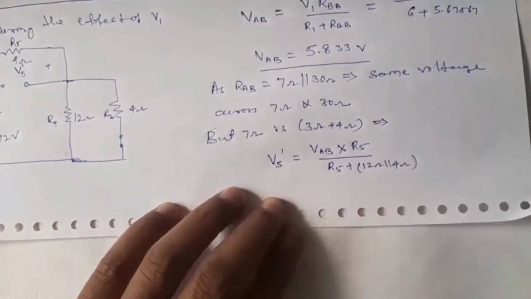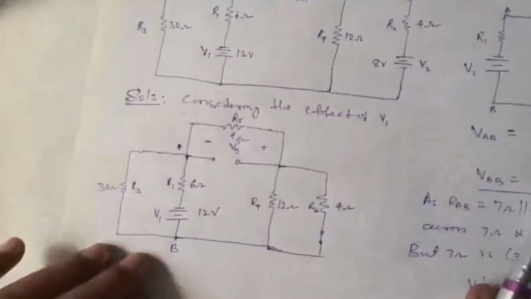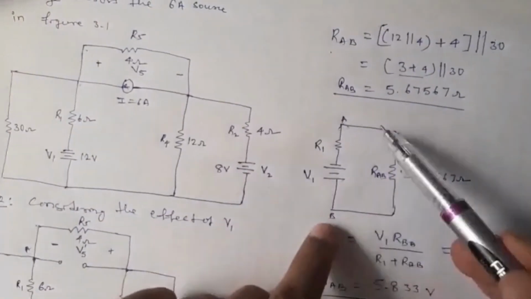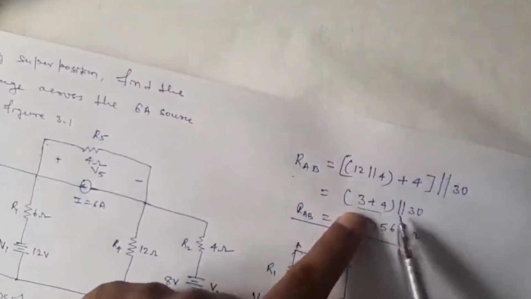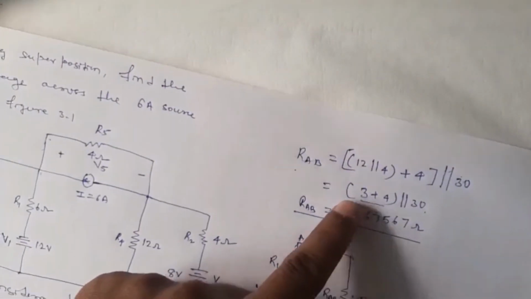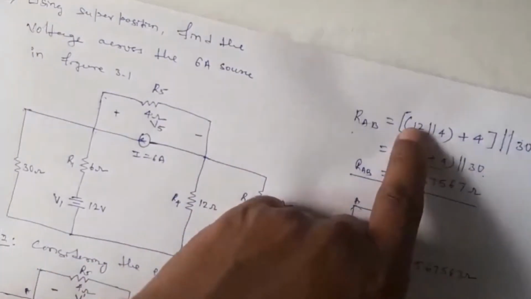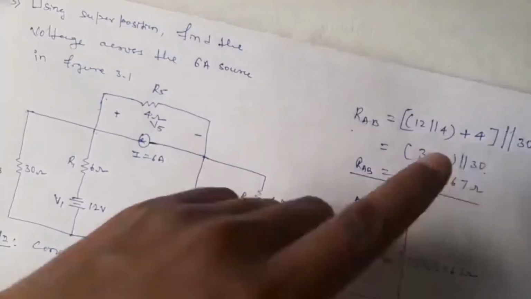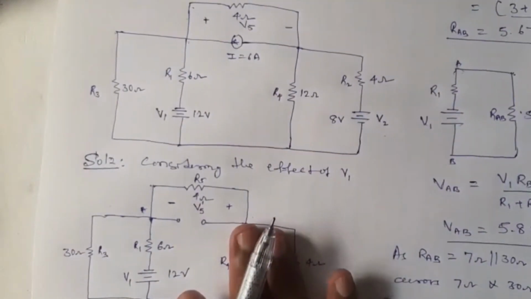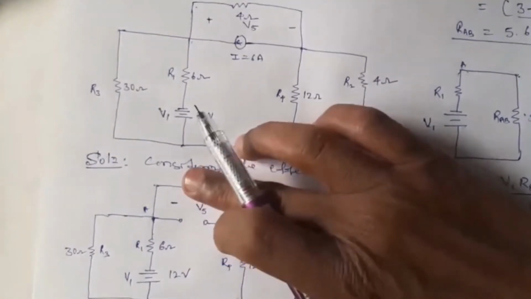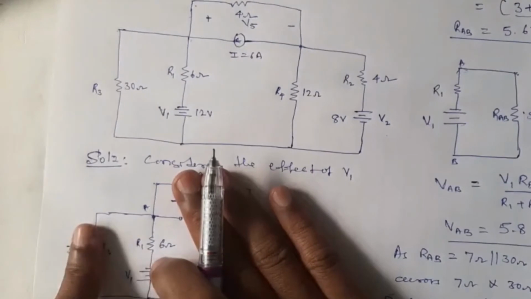So I repeat this, dear students. VAB is the voltage across RAB. But what is RAB? RAB is 7 ohm parallel with 30 ohm. 7 ohm is from 3 plus 4 ohm, and this 3 ohm is from 12 ohm parallel with 4 ohm. 3 ohm plus 4 ohm is 7 ohm, which is in parallel with 30 ohm.